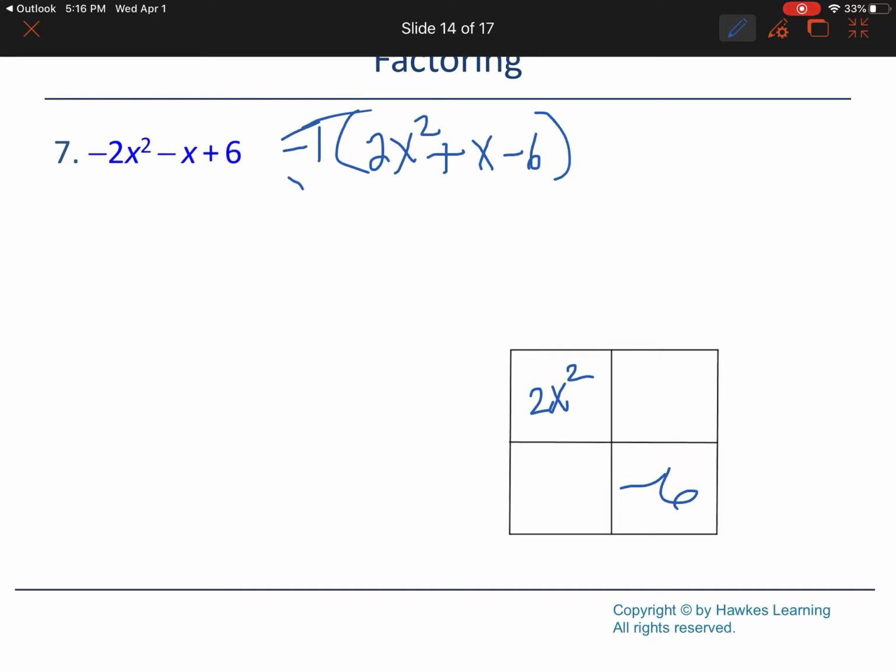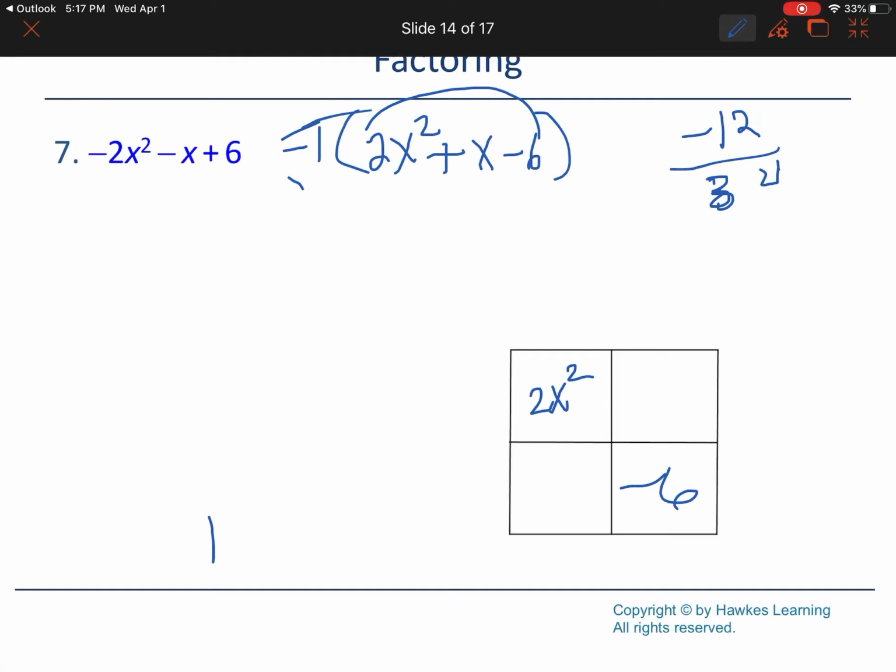Now we're going to multiply the 2 and the negative 6. We got negative 12. We need two numbers that multiply to be negative 12 but add up to be positive 1. So we've got 1 and 12, 2 and 6, and 3 and 4. And 3 and 4 are only 1 apart, so those are the ones that are going to work.